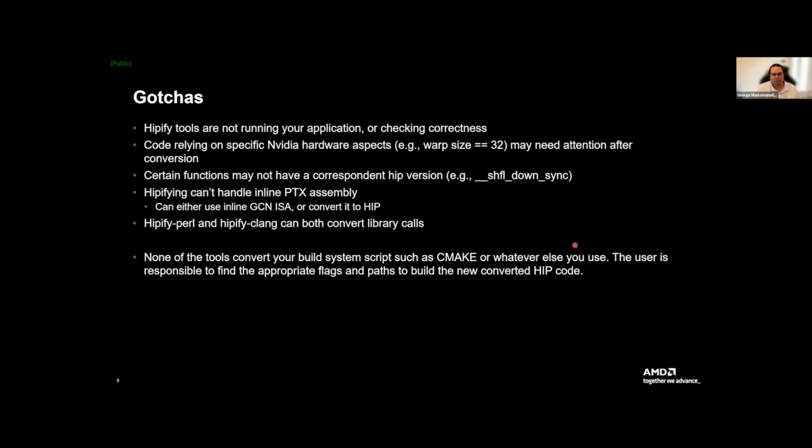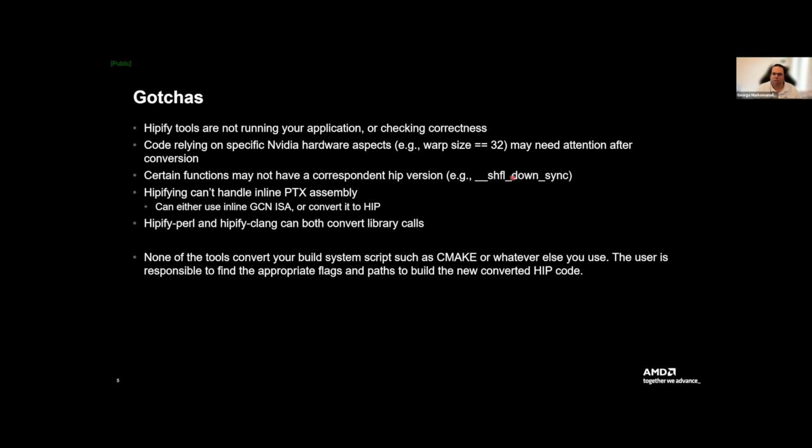Certain functions may not have a corresponding HIP version, like this one, for example. In this case, it was about some data transfer between threads that was not supported in HIP.